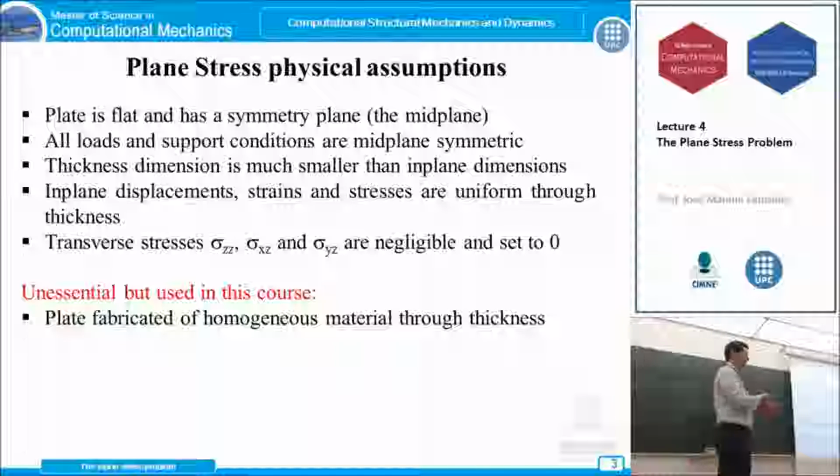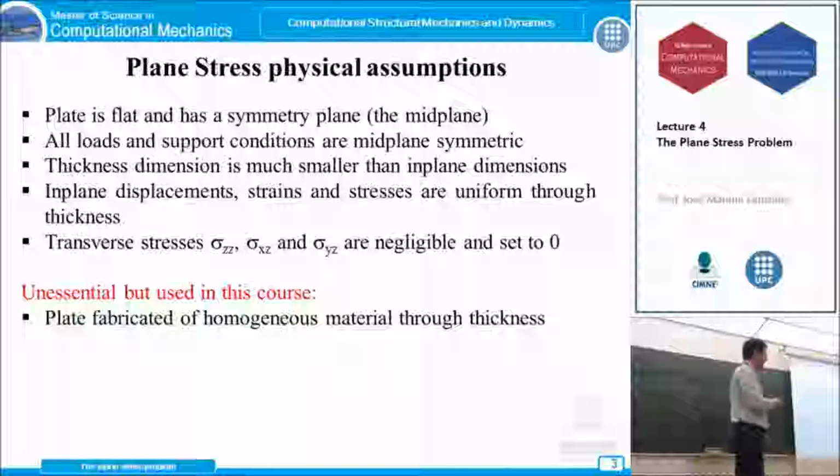This is why we consider this mid-plane as a reference, and all the behavior of the plate is placed in some way in the mid-plane. So any point of this mid-plane will represent the behavior of the plate in the normal direction. All the points placed in the normal direction of this point behave in the way the point in the midplane does.